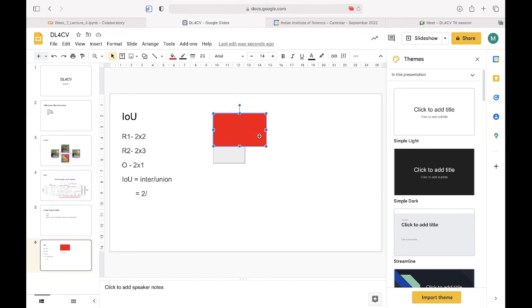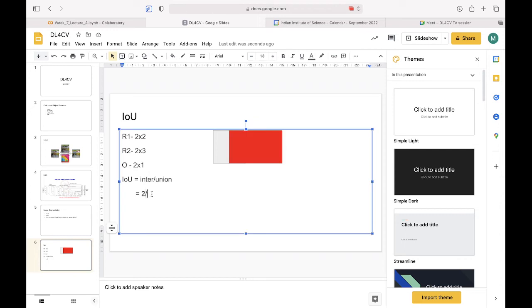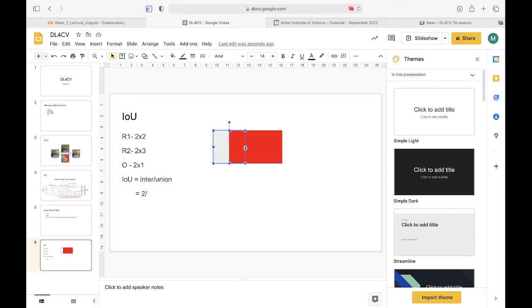And the overlapping region is still 2 cross 1, so the size is 2 units. Union of both regions is 8, right?